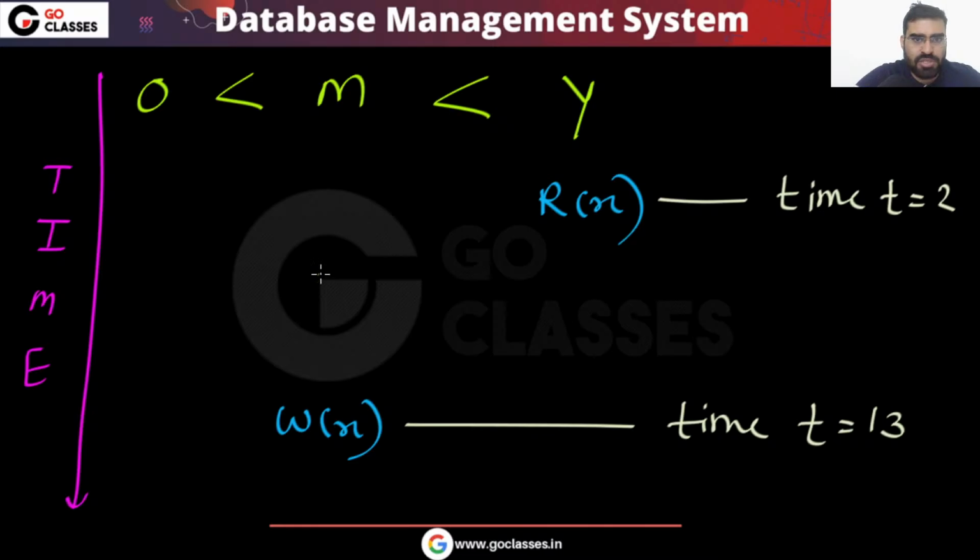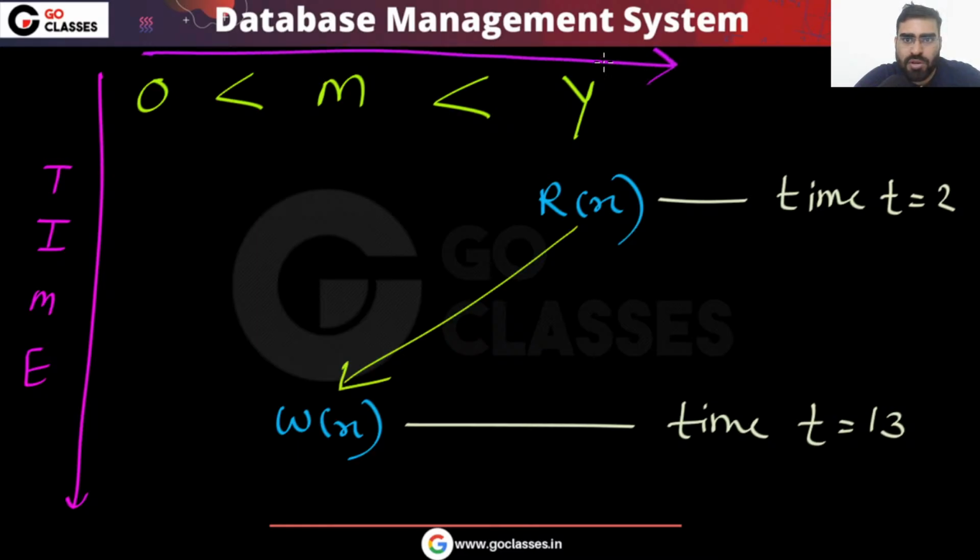The answer is no. This type of ordering is not allowed. The timestamp protocol says that this is the conflict order, and this is the serializability order. So this is definitely not allowed.